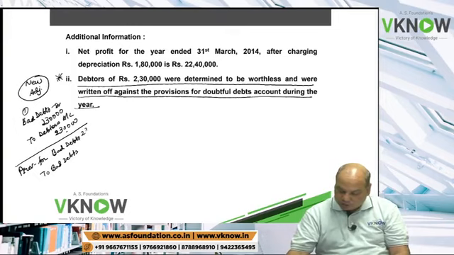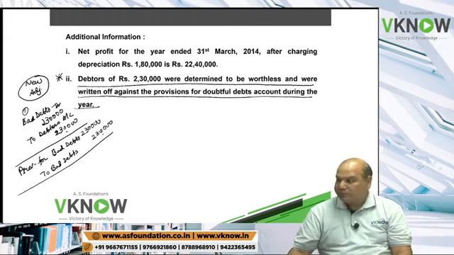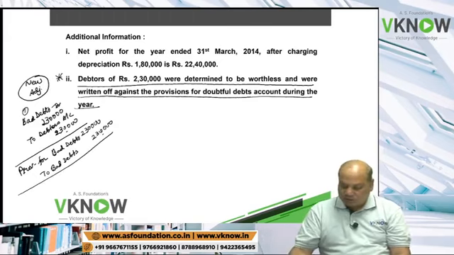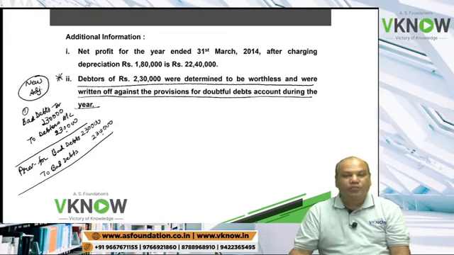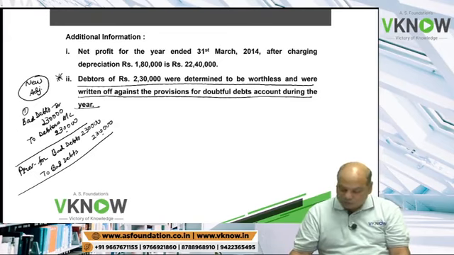So the second entry is provision for bad debt account debit to bad debts account. These are the two entries the company has passed.